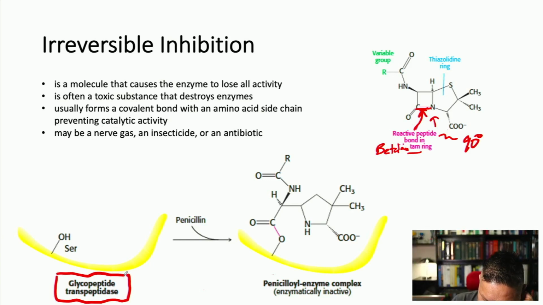Glycopeptide transpeptidase has a serine right here on its surface. And this serine, remember, has an OH group there, right? And when it gets close to the beta-lactam ring of a beta-lactam antibiotic like penicillin, I'm going to draw this out real quick here. I'm just going to draw the beta-lactam part because that's the business end.